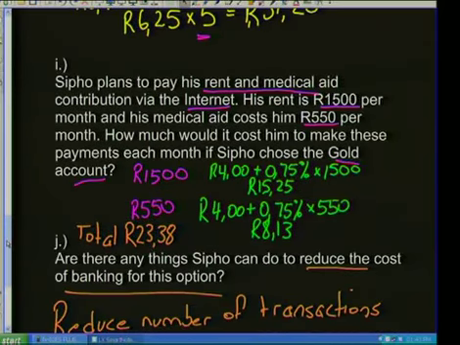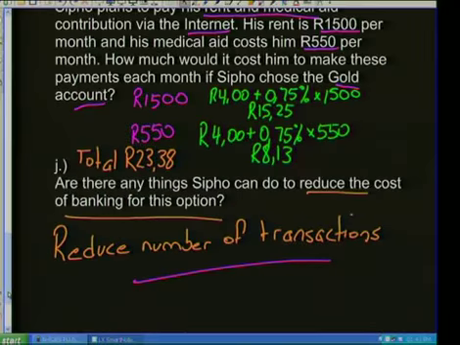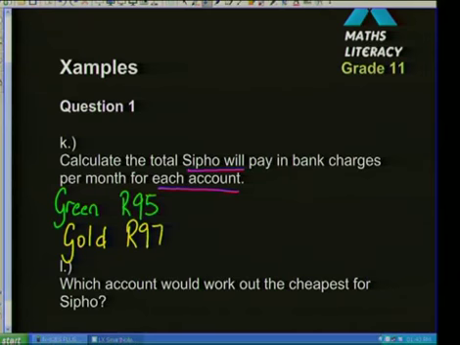Then 23.38 Rand. And was there anything else? No, there were only those three things. So let's delete my last question. And what does he pay? He pays 97.23 Rand. 97.23 Rand is what he pays.